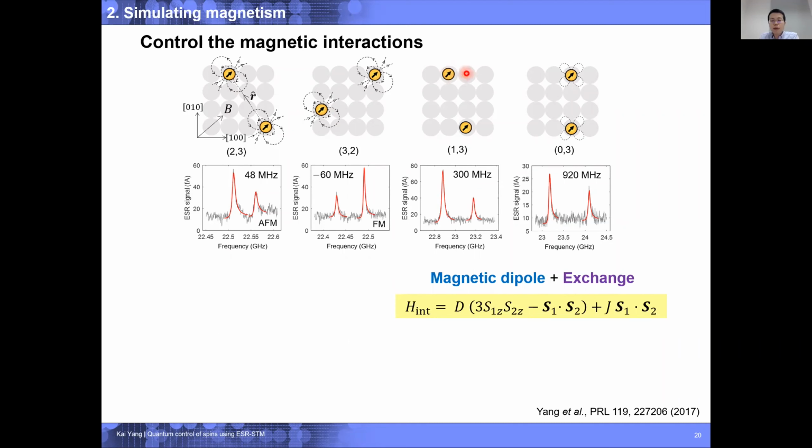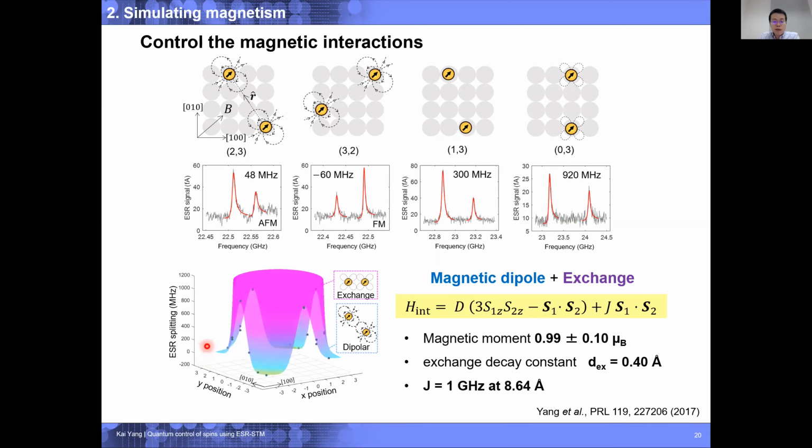When we bring these 2 atoms a little bit closer, we can also make the exchange interaction dominant. Correspondingly, we saw a rapid increase of the ESR peak splitting, which is proportional to the coupling strength of these 2 magnetic atoms.